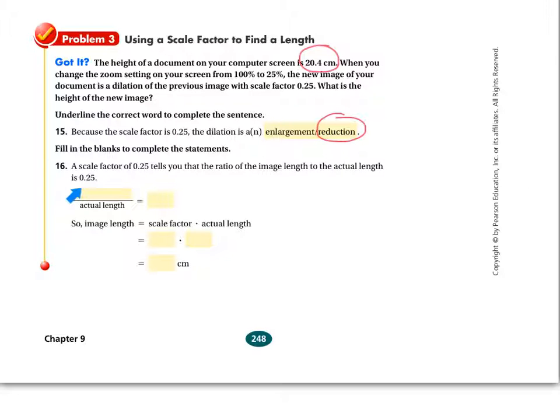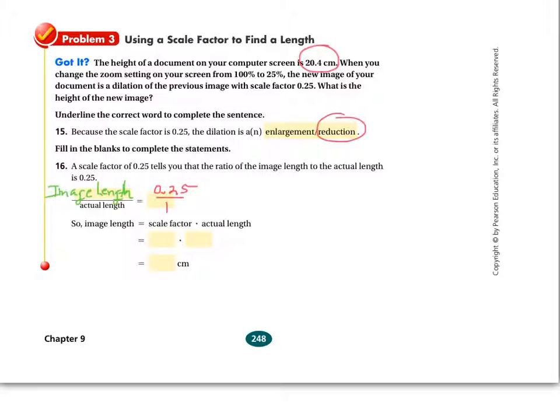So you could put image there. And so we'll go ahead and put image length. So image length to actual length should equal 0.25 to 1. The image length is going to be 0.25 of the whole actual length.